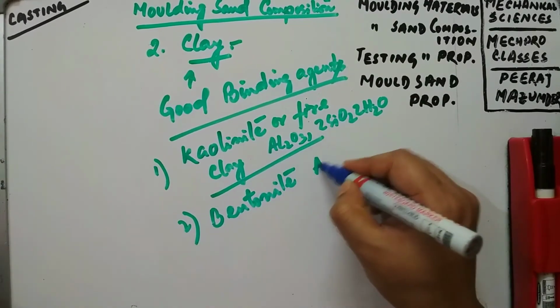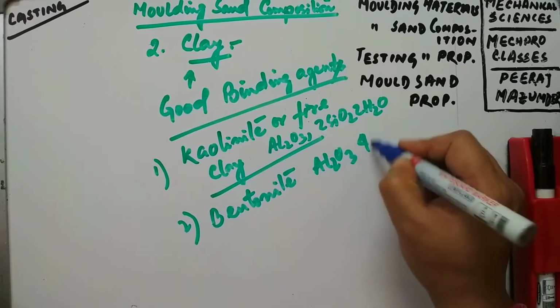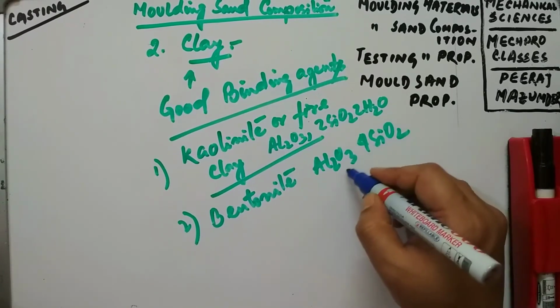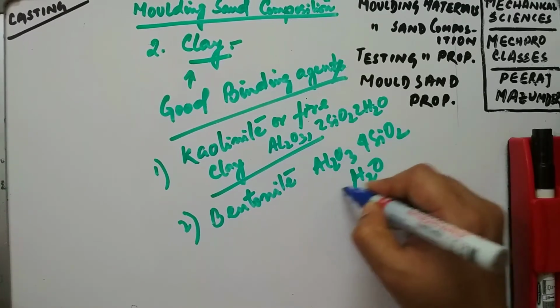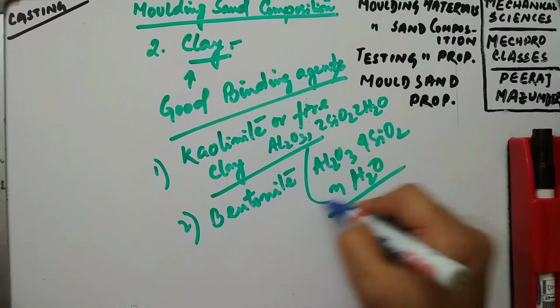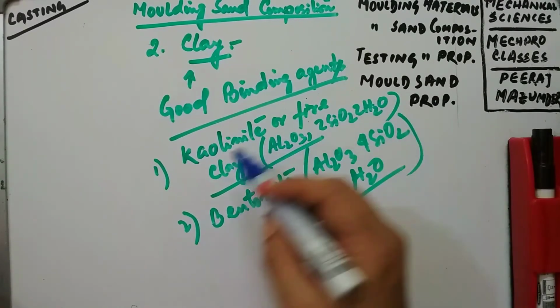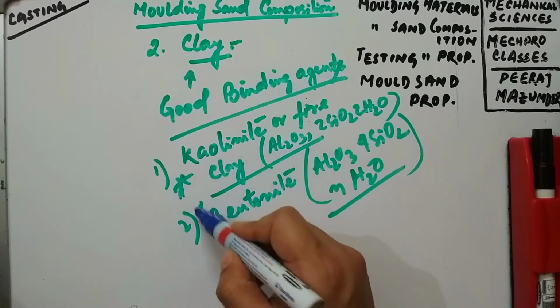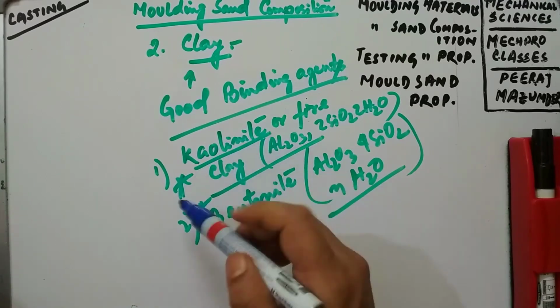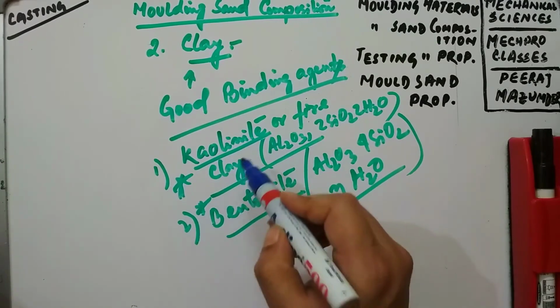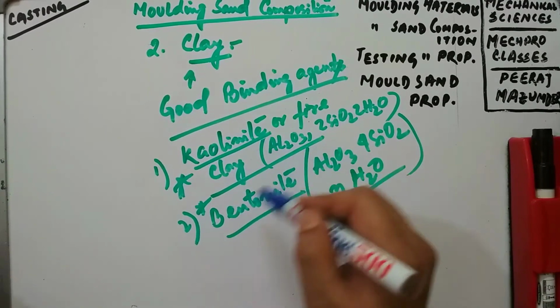Bentonite is Al2O3·4SiO2·H2O. The formula is not that important, but you should keep a note of the main clays we are going to use during molding.